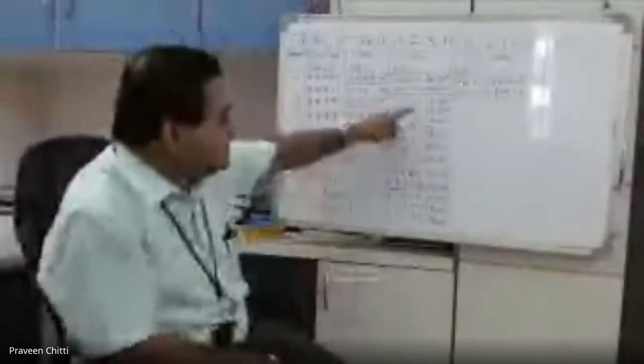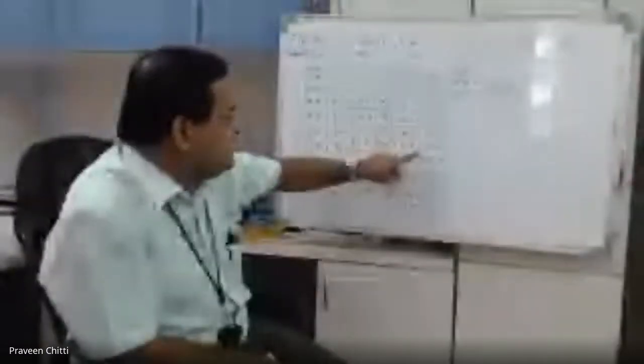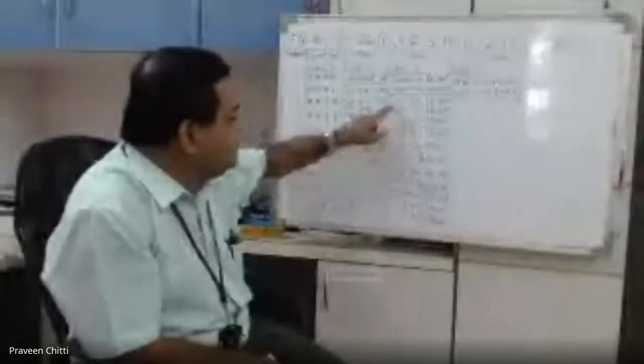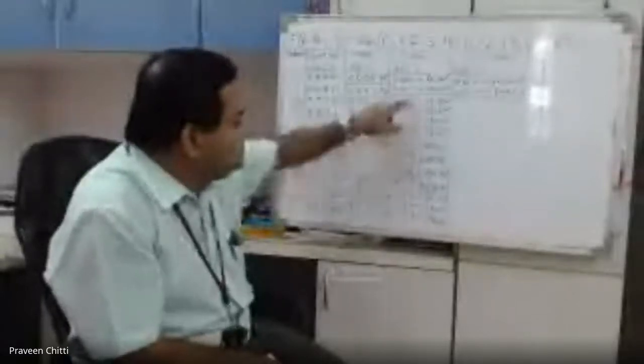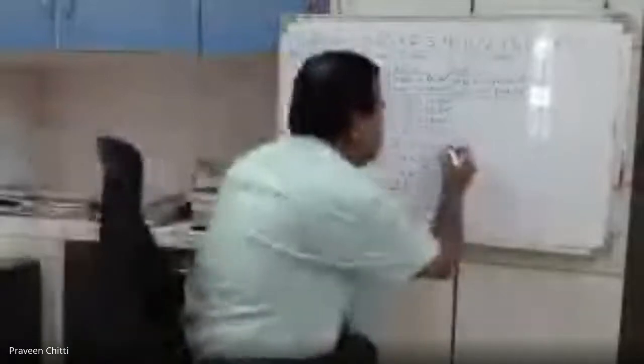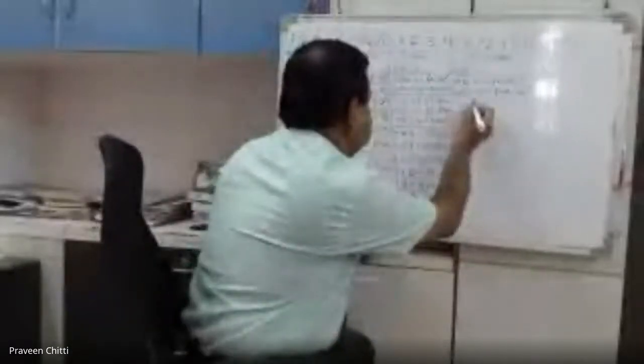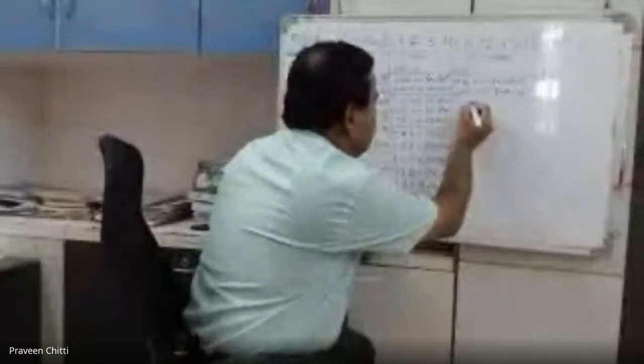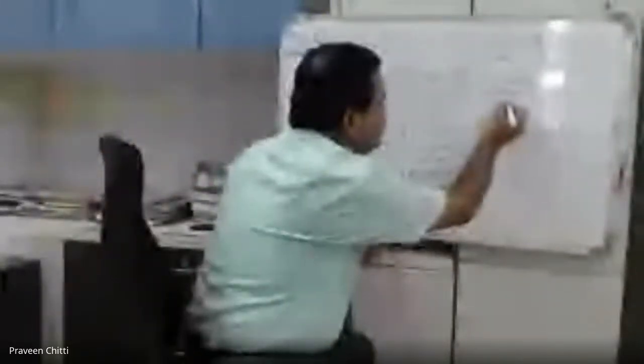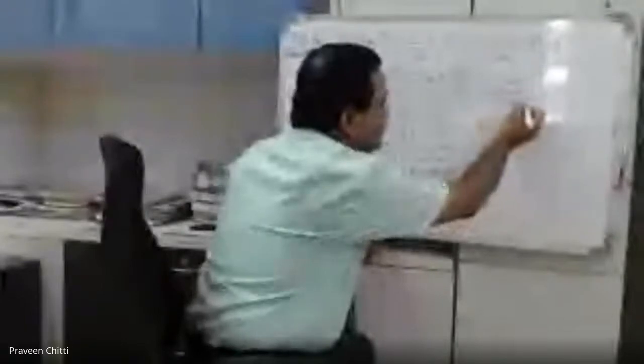Then check 2, 3. 2, 3 can be combined with 10, 11. Different, same, same, same. So 2, 3, 10, 11 can be combined, and I can write that as dash 0, 1 dash, 2, 3, 10, 11. Then check whether 2, 3, 12, 13 can be combined.